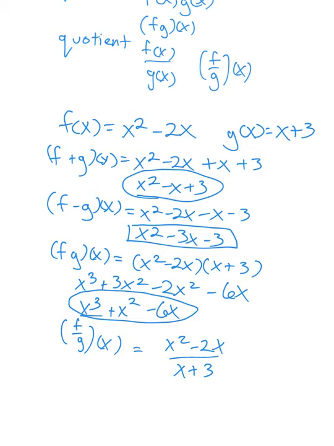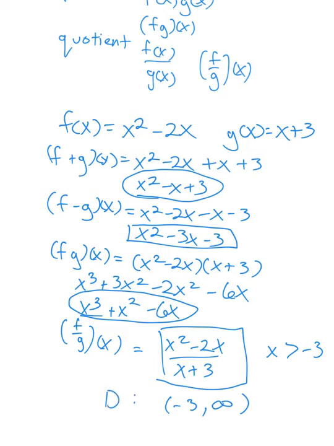Our domain here, when we do the division for our quotient, is that x has to be greater than -3. However we were to write that, we would say from -3 to positive infinity, that would be our domain right there.